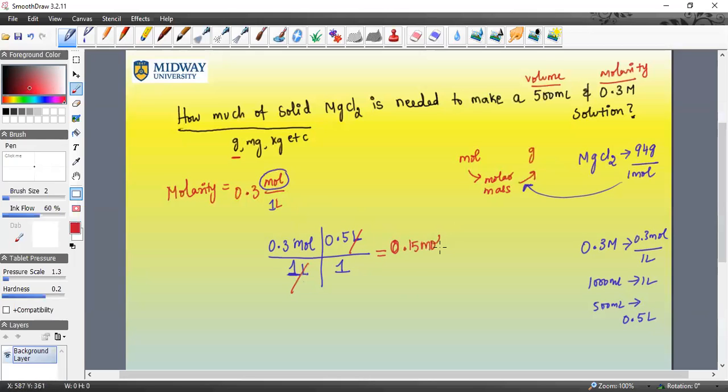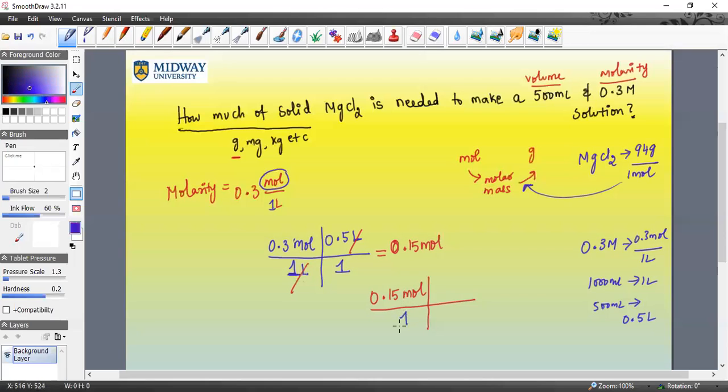Now I am at a place where I have essentially squeezed out just the moles out of the molarity, and that's exactly what I was going after. Now I know my moles. Now let's do another tic-tac-toe. You can do them all in one go, but when I teach somebody, I normally do it this way. If you've understood it and that's your comfort zone, then you don't need to do it this way.